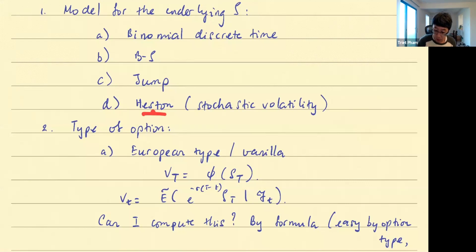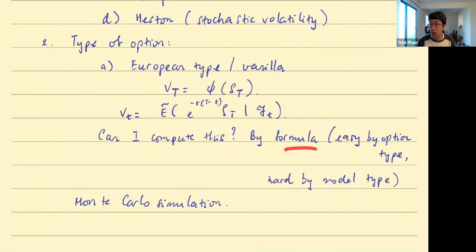So modeling the volatility as a stochastic process helps capture that phenomenon. But of course, when you make that volatility stochastic, the formula you use to compute the value of the option becomes more complicated. And actually, I think the Heston model does not have a closed form formula for option price, even with vanilla options.